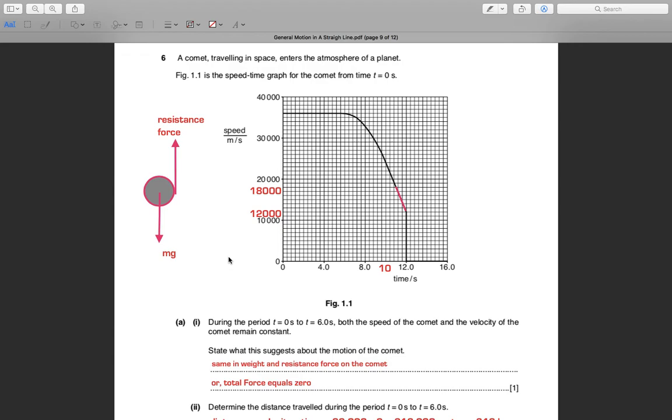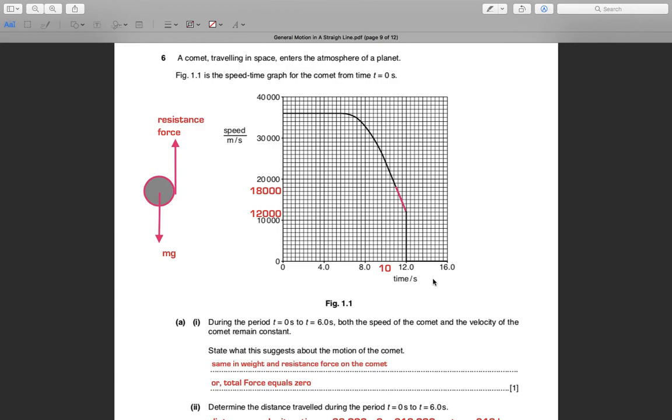The comet has constant speed at the point here, around maybe 36 thousand, and then until around 7 seconds it goes down with deceleration, and then constant deceleration, and then it comes down at 12 seconds.